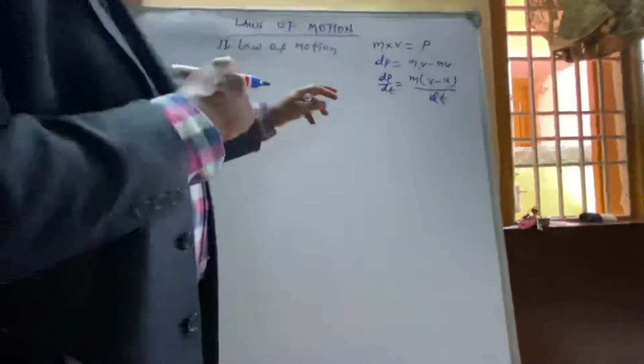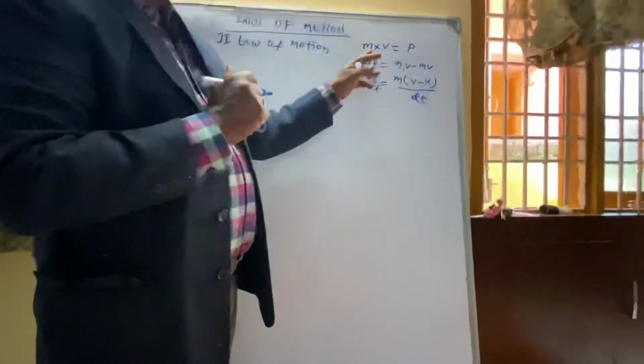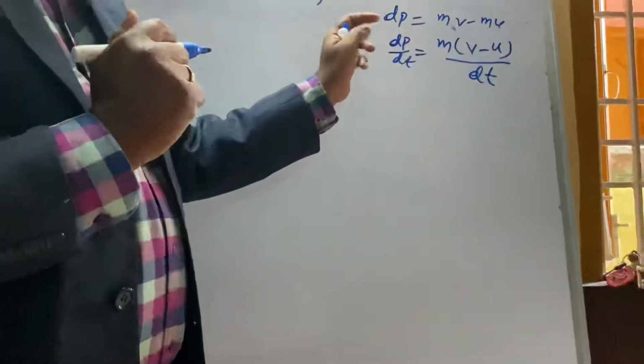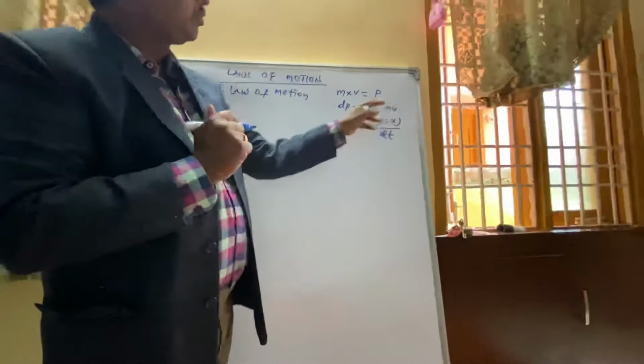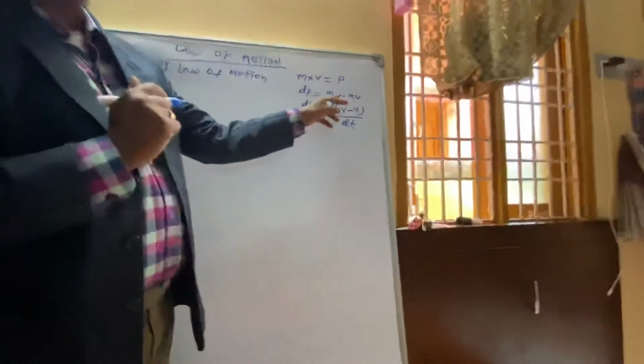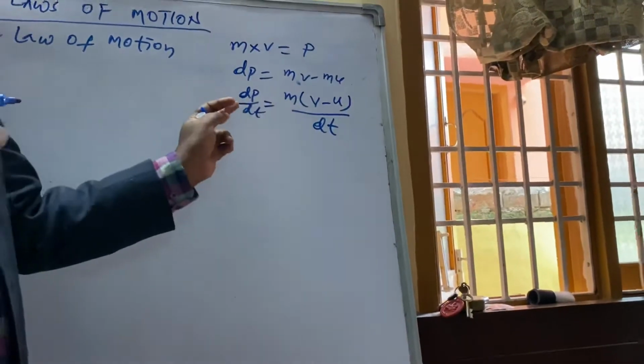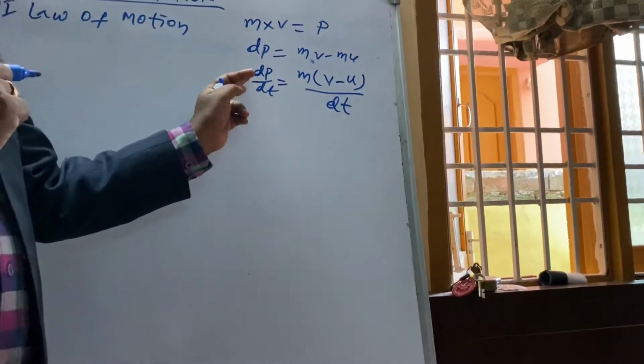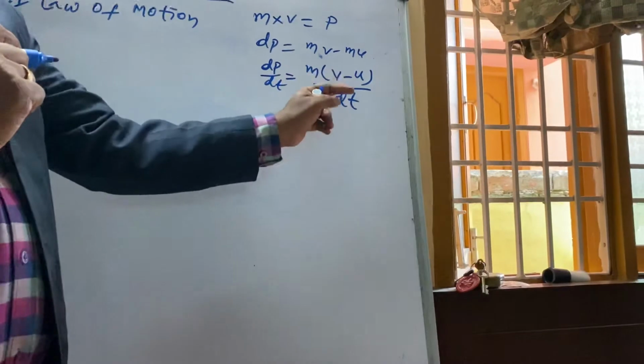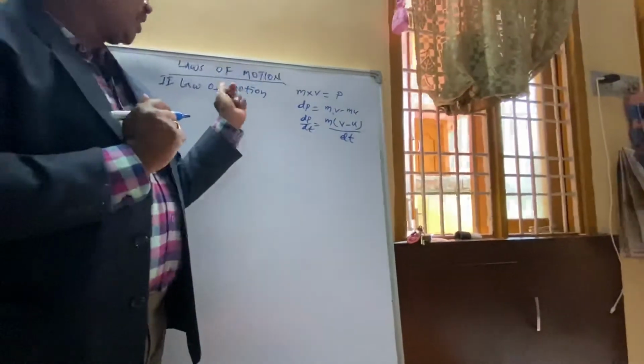Let us recall once again what momentum is. Momentum is the product of mass and velocity. Suppose the initial velocity is u with mass m, and the final velocity is v. Then the change in momentum will be mv minus mu. So the rate of change of momentum is dp by dt equals m into (v minus u) by dt. What is the second law of motion?